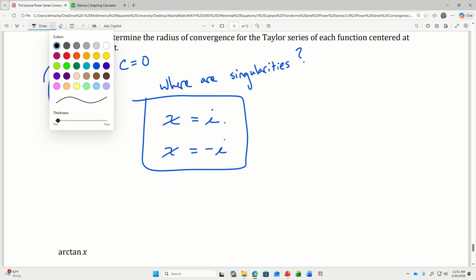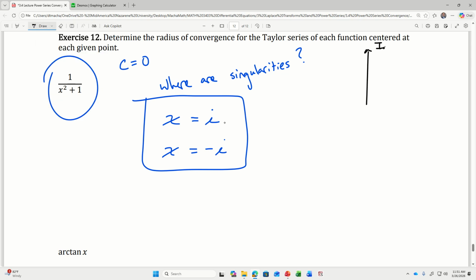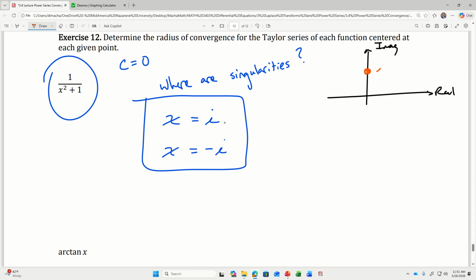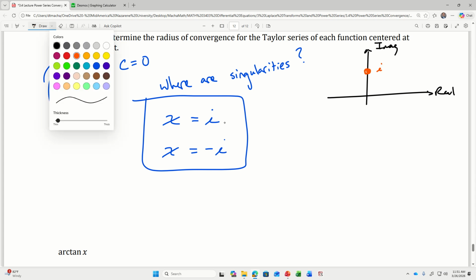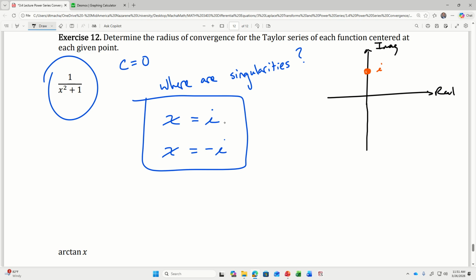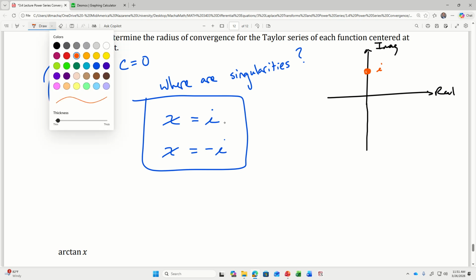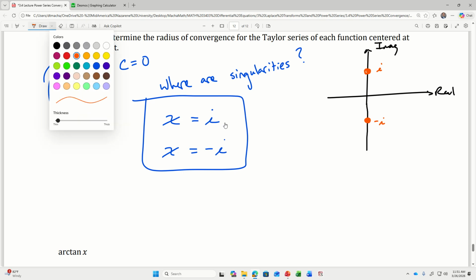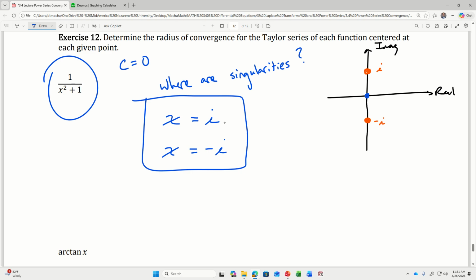So in my complex plane, I've got my imaginary axis, and I've got my real axis. And here is a singularity at i, and here's another singularity at -i. If I were to have my power series centered at 0, what's my radius of convergence?